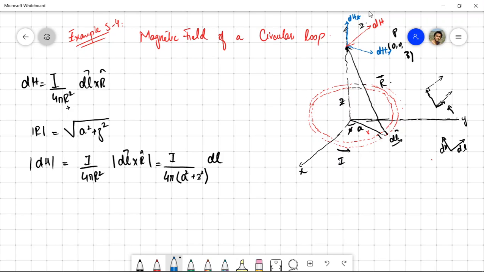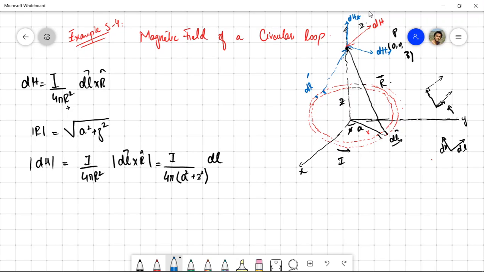So this is the thing about this dl. Now if we consider another dl on the opposite side, just like we did in that example in which we had a ring of charge, we'll call this dl as dl dash, and we'll draw the r from this thing.